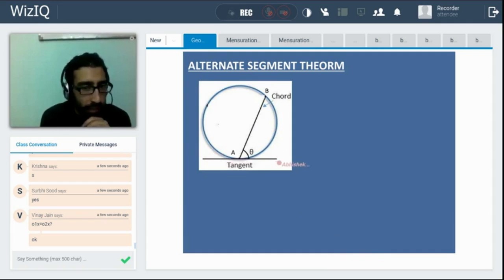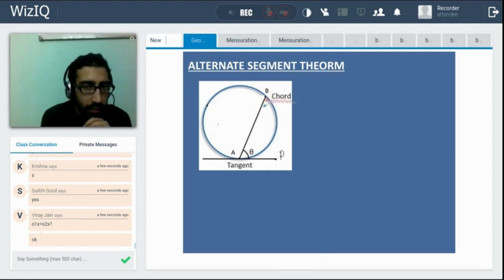Say I have this tangent. Let me mark it. Let's say this is point P. So PA is tangent to my circle, and from the point of contact A, there is a chord AB. The chord AB makes an angle theta with PA, and the theta it makes is in the minor arc AB.